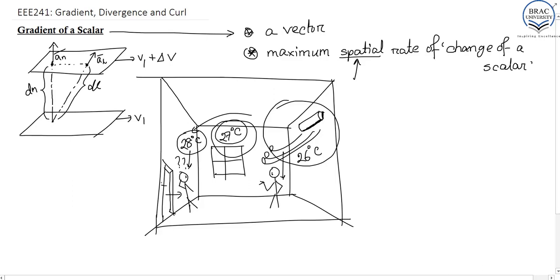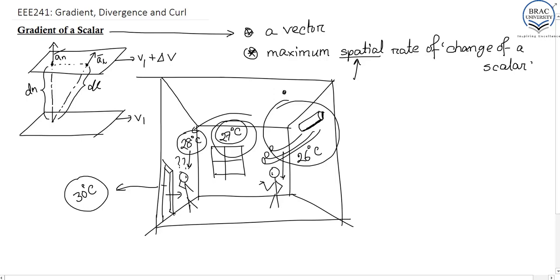And when you get outside of the room, it's 30 degrees. As you move around in the 3D space, the temperature changes. That means there is a spatial change of a scalar quantity, right? So gradient of a scalar means the spatial rate of change, not the change, but the rate of change of a scalar in terms of space, not time, okay?